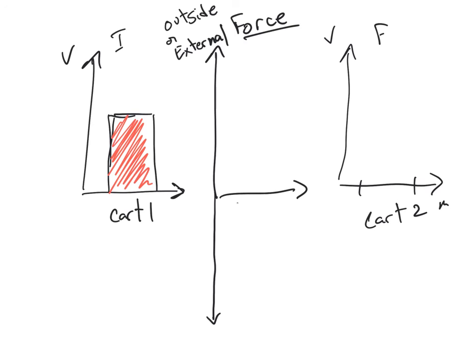And so if cart 1 exerts a force on cart 2, cart 2 must exert an equal and opposite force on cart 1. Now, if we're calling the direction that cart 1 is moving in the positive direction, that means it's exerting a force on cart 2 in the positive direction, which means that the force on cart 1 is in the negative direction.